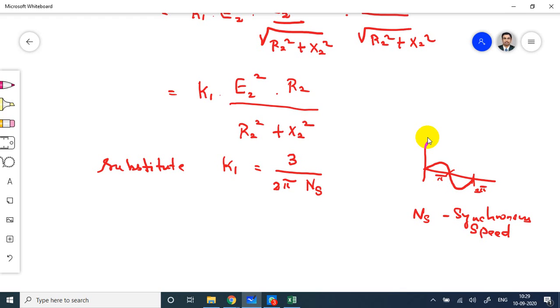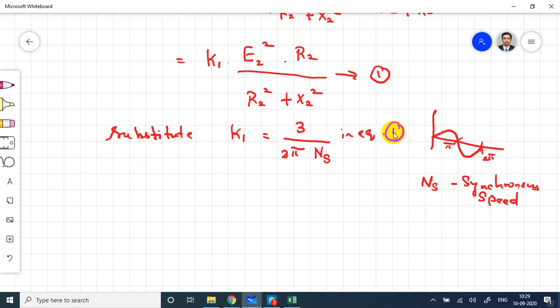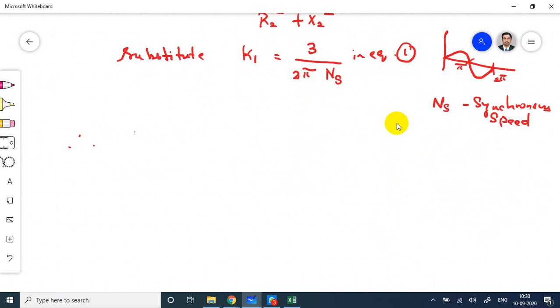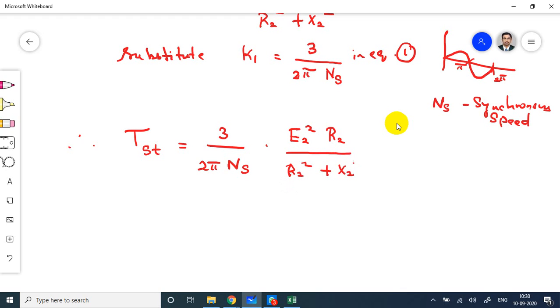Substitute this K1 value in equation 1. Therefore the starting torque Tst equal to 3 by 2 pi ns into E2 square R2 divided by R2 square plus X2 square.